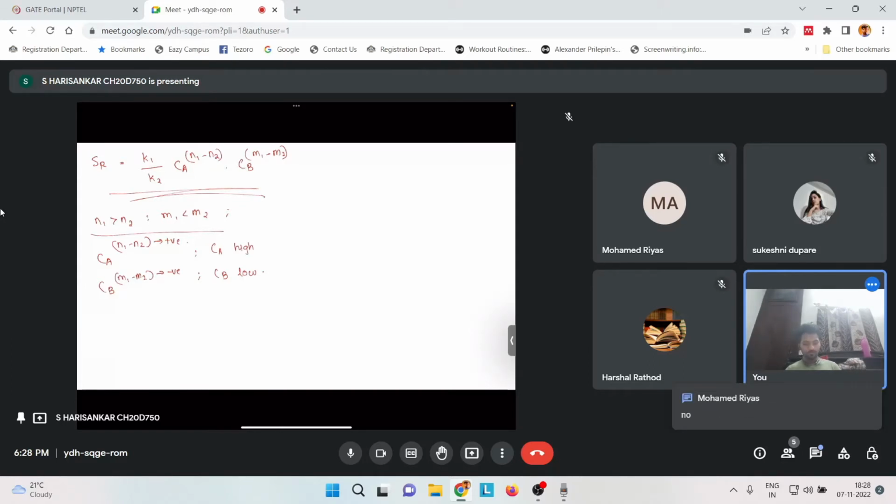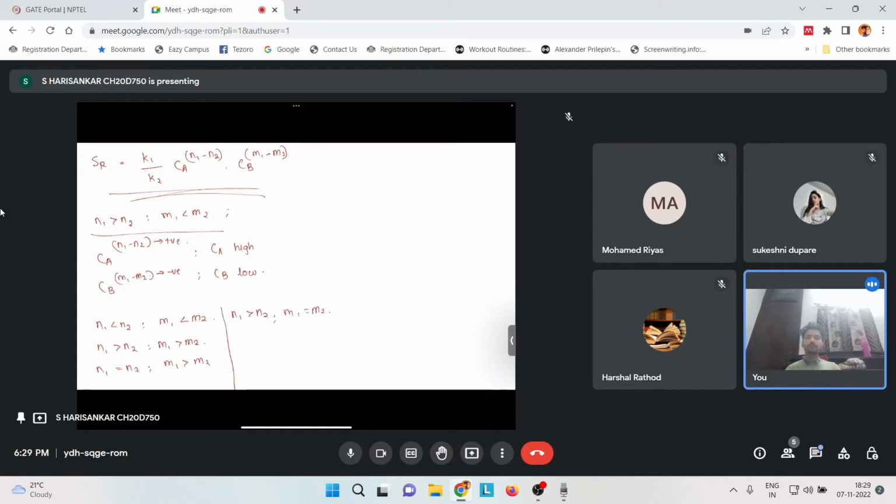And of course, you can have much more cases like this: n1 less than n2, m1 less than m2, or n1 greater than n2, m1 also greater than m2, or both are equal, n1 equal to n2, m1 greater than m2, then n1 greater than n2, m1 equal to m2.